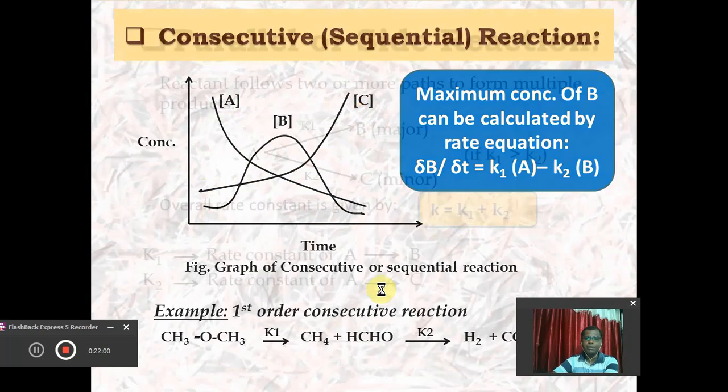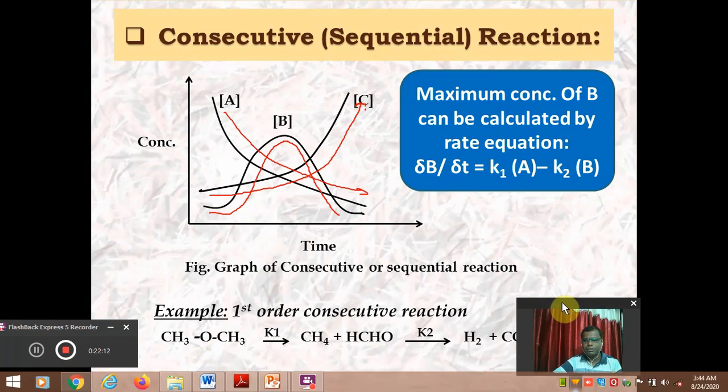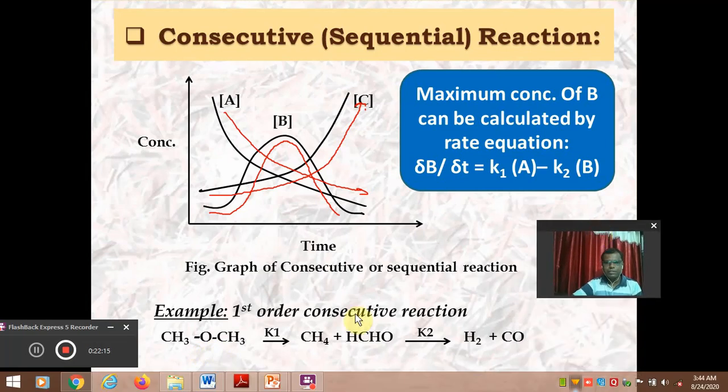One example of this consecutive or sequential reaction is the first order consecutive reaction, in which dimethyl ether gets converted into methane and formaldehyde with the rate constant K1.